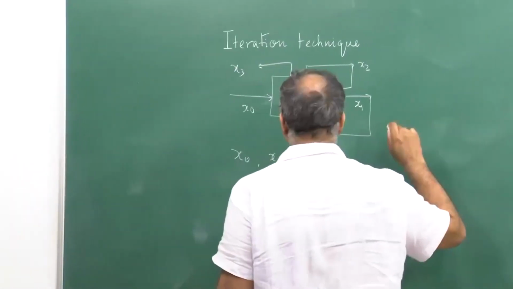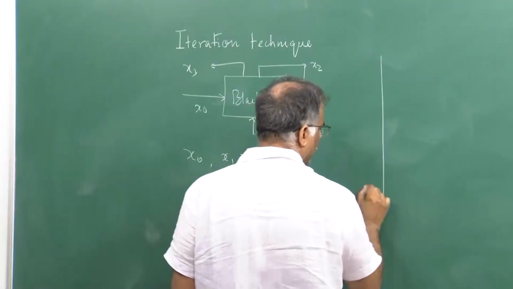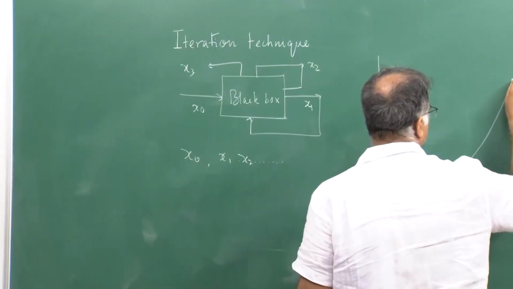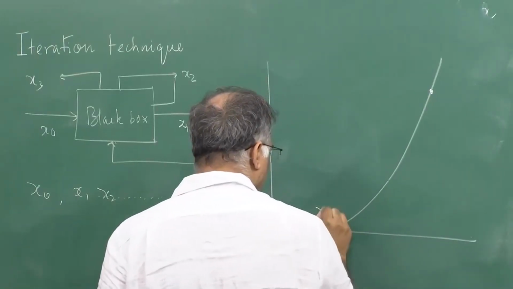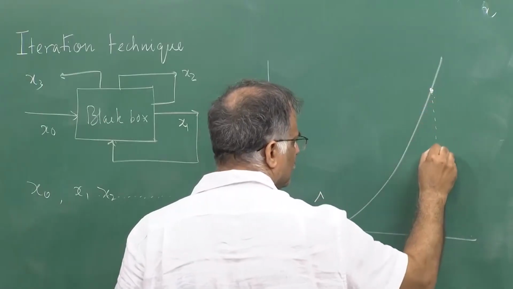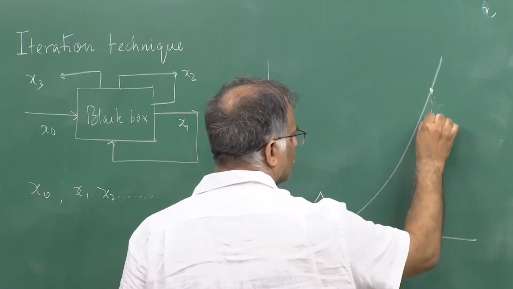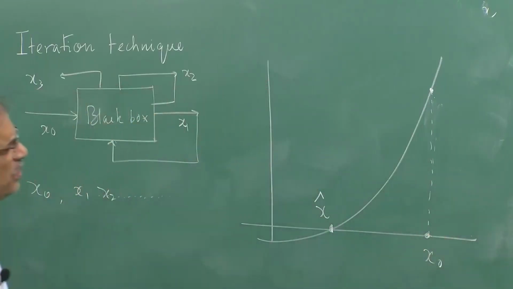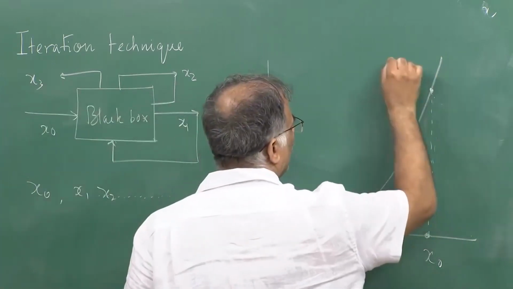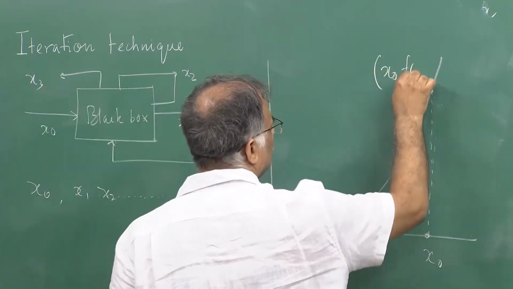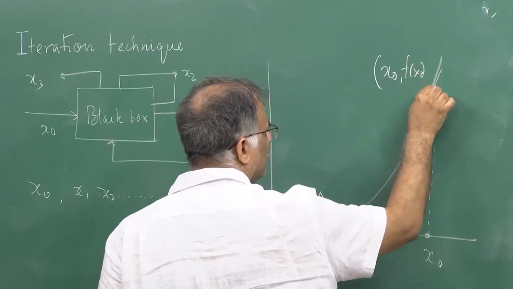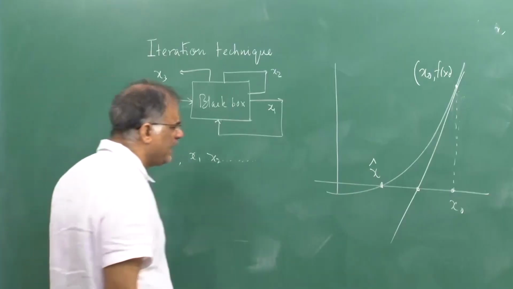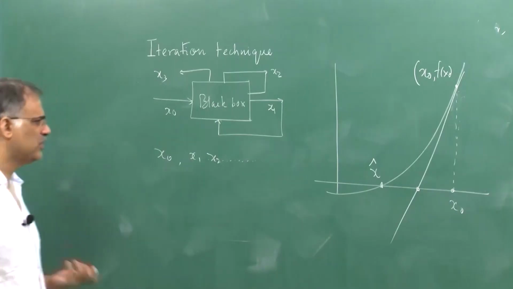How do we do this in Newton's case? Let us look at the starting point. Here is my graph, here is my x hat and here is my starting point x0. As I told you, I will take the point (x0, f(x0)) and draw the tangent. So, what is the equation of the tangent? Take any point (x, y) on the tangent.